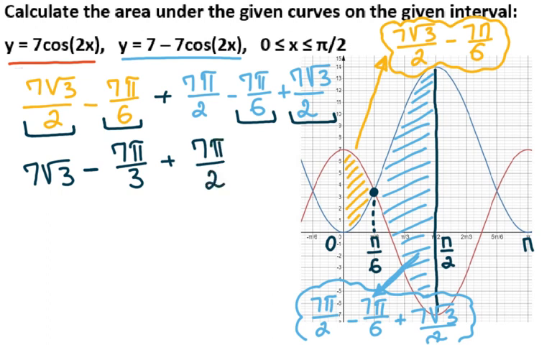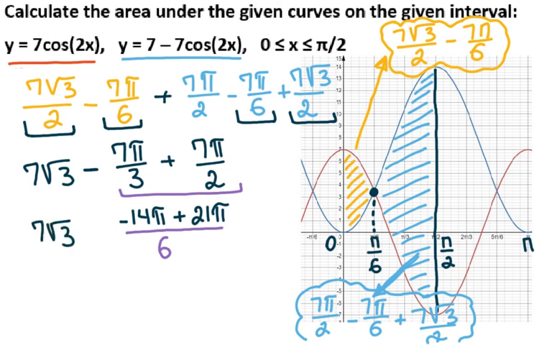The common denominator for these two is 6. So if I multiply the first fraction by 2, I will get 14 pi in the numerator and 6 in the denominator. The second fraction multiplied by 3 gives me 21 pi, and the denominator is 6. And then I have 7 square root of 3. Here I have to be careful where I place this negative.